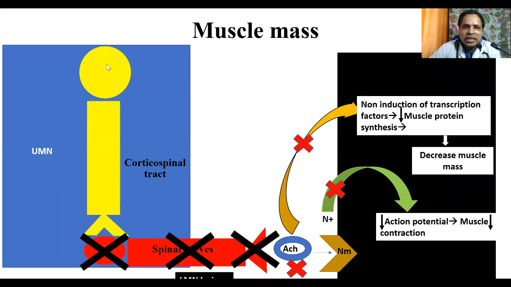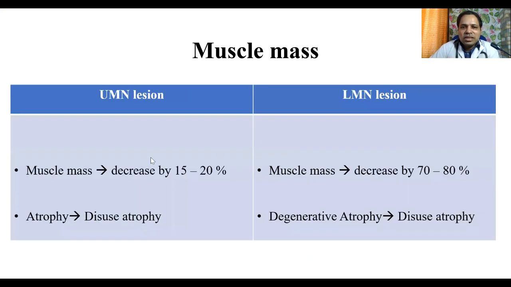Whereas in this case, even though there is a voluntary initiation, this nerve has degenerated. There is no release of acetylcholine at all here. That's why it becomes degenerative atrophy. So the difference in both cases: muscle mass is reduced, less reduction here, more reduction here. This is disuse atrophy and this is degenerative atrophy.